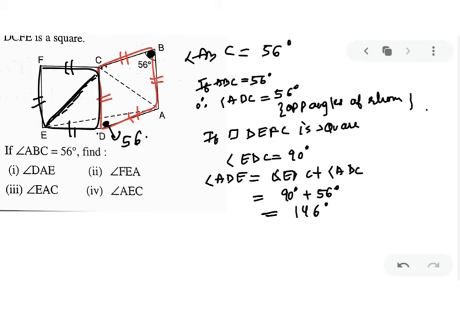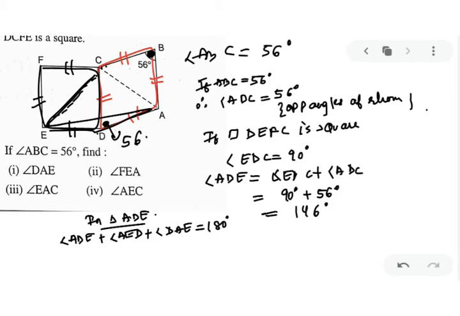Now if I take this triangle ADE, you got the value of angle ADE. What is the angle sum property? Angle ADE plus angle AED plus angle DAE is equal to 180.